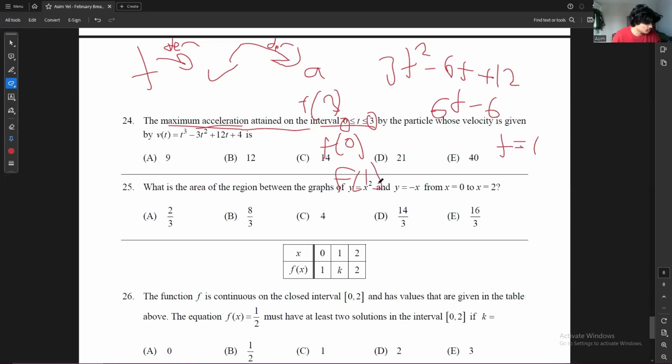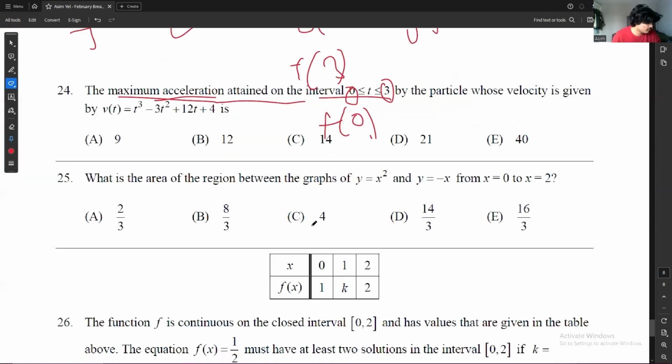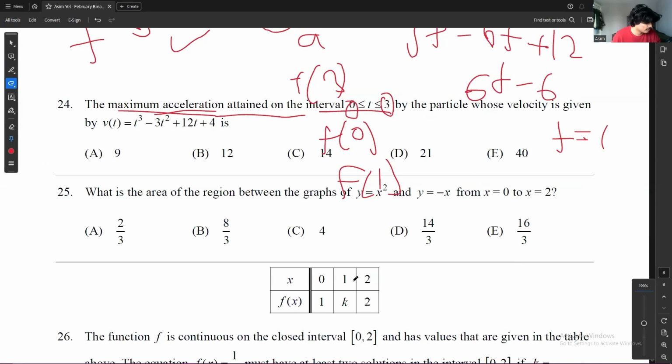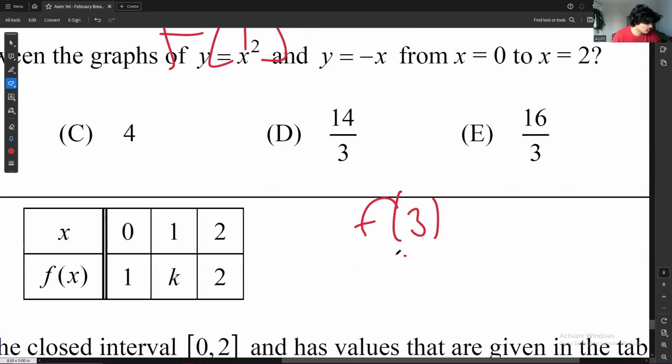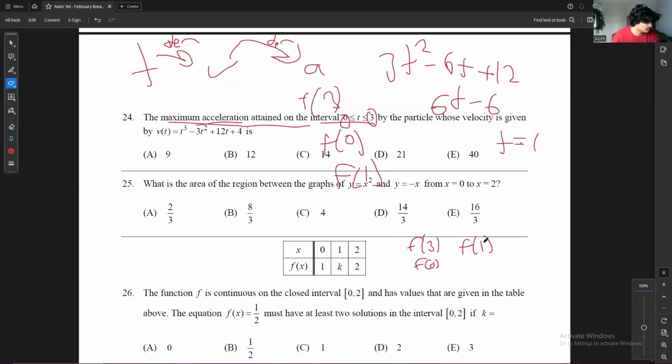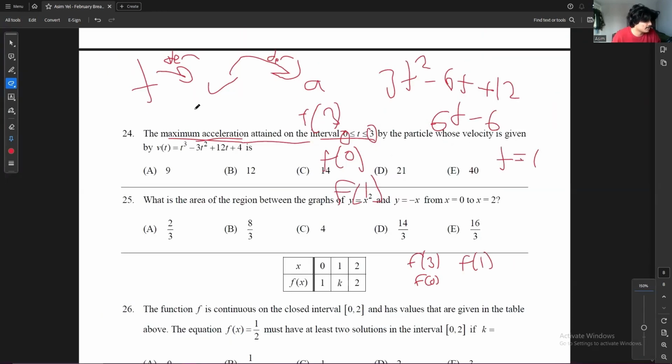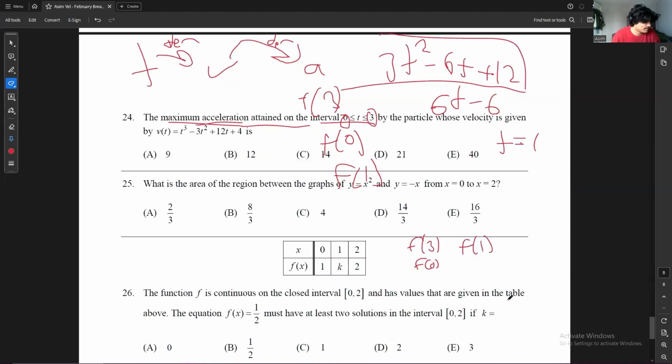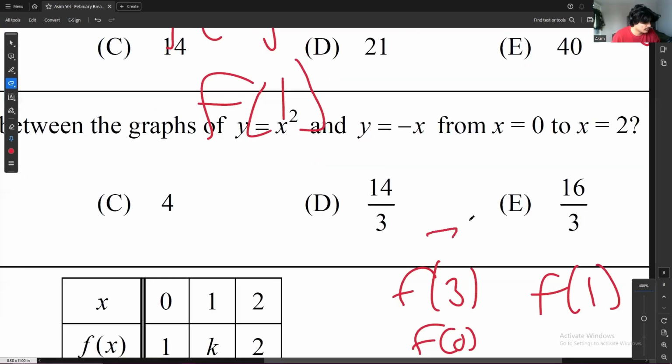So I also want to find f of 1. Let me write it more clearly over here. I need my f(3), f(0), or f(1). One of these three will be my maximum acceleration. Let's plug into this function: 3t squared minus 6t plus 12.